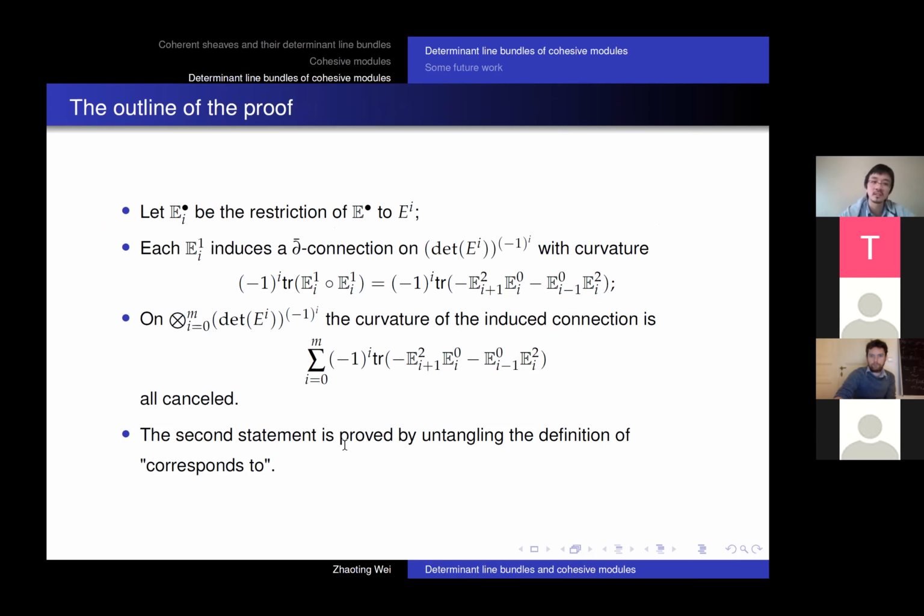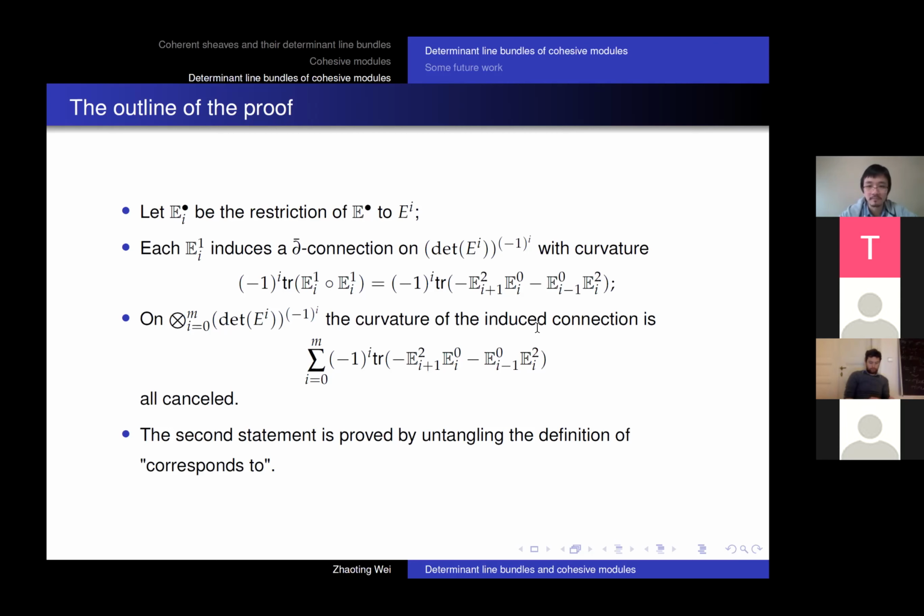We can just simply define it in the framework of this cohesive module. It's very non-commutative geometric. In non-commutative geometry, I think the most important strategy is to use globally defined functions to replace local data. So we see that we can do everything globally. This is the determinant line bundles in the framework of cohesive modules.